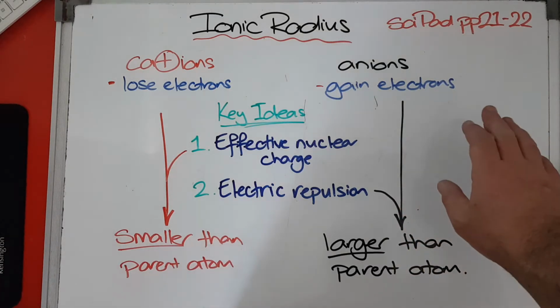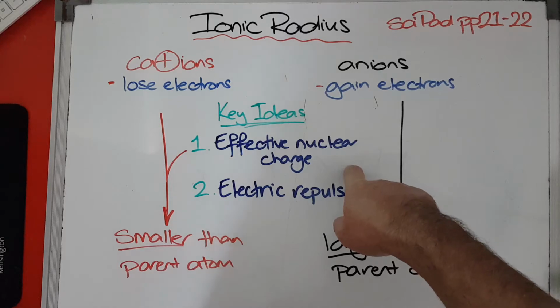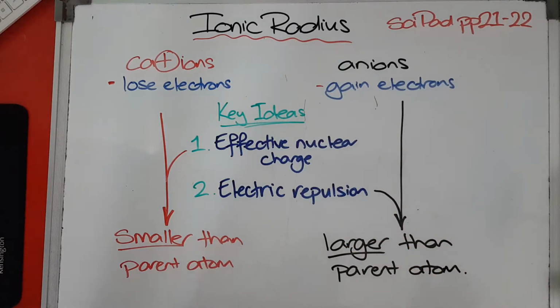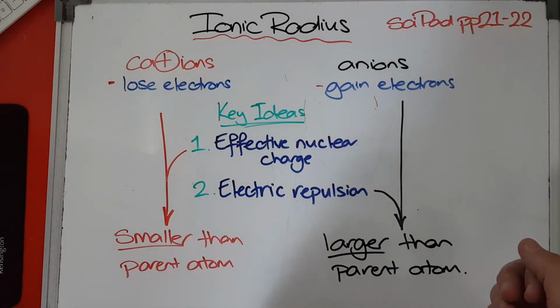Anions are a different case. There's no change in the effective nuclear charge because they gain more electrons at an energy level that already has electrons in it. So oxygen to become oxide, they both have electrons in only two energy levels, and still, there's only 8 protons in each nucleus for oxide and oxygen atoms.